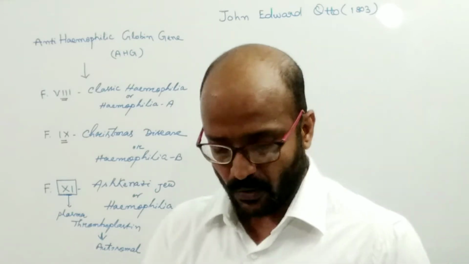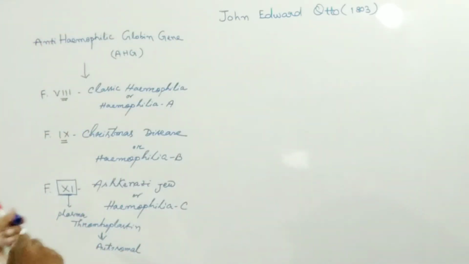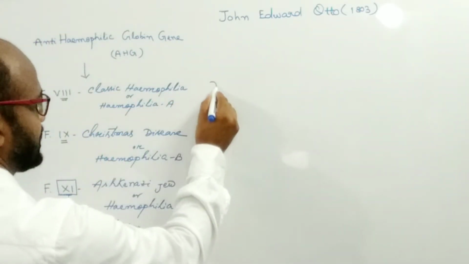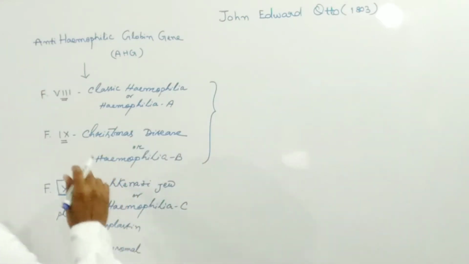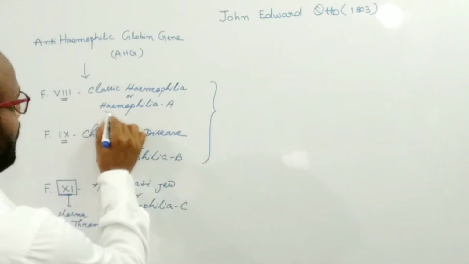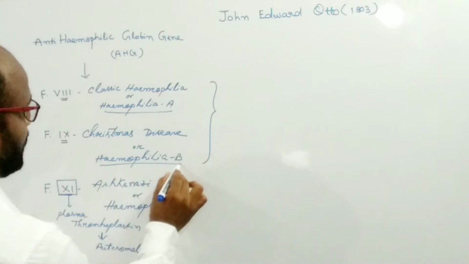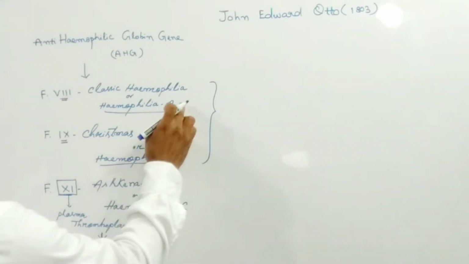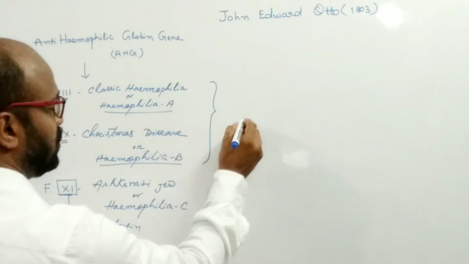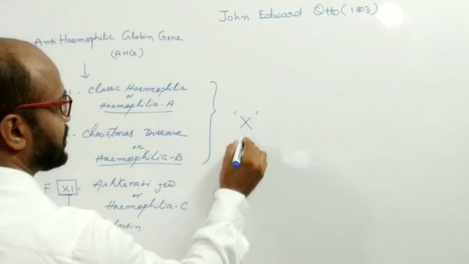So here we have two types of X-linked hemophilia: hemophilia A and hemophilia B. The genes of hemophilia A and hemophilia B are present on the X chromosome.